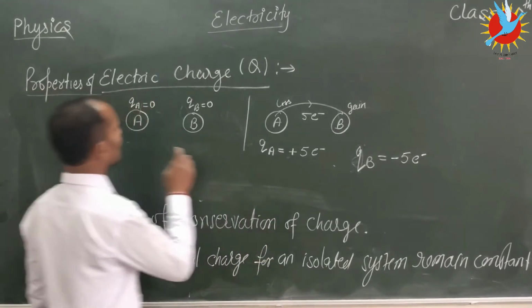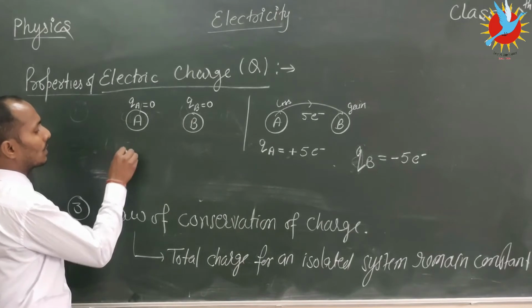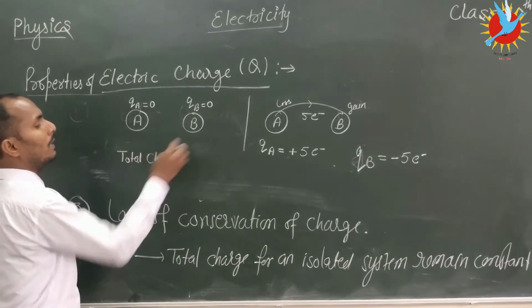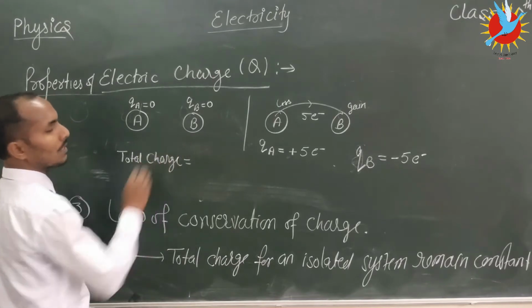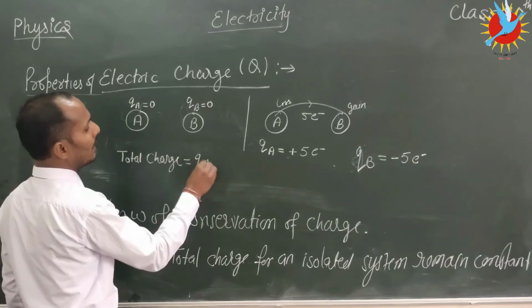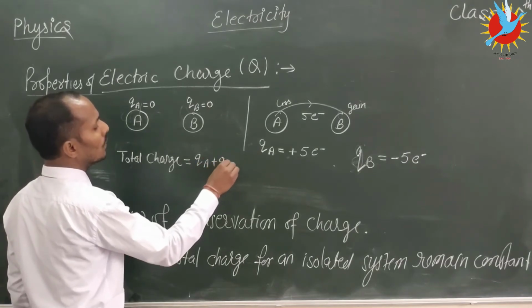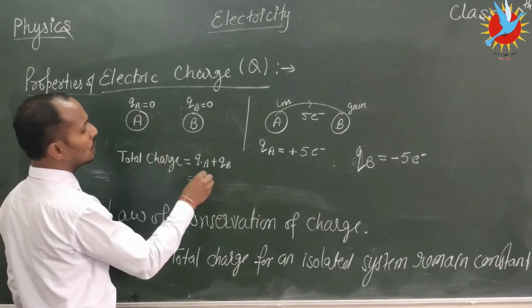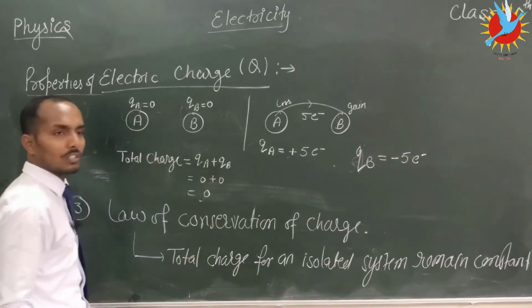If we talk about the total charge of the system AB, the total charge is QA plus QB. Before rubbing, the total charge is 0 plus 0, which means 0 charge.